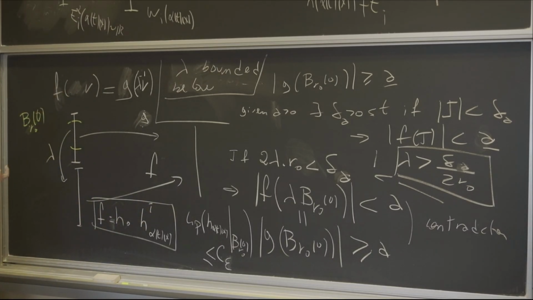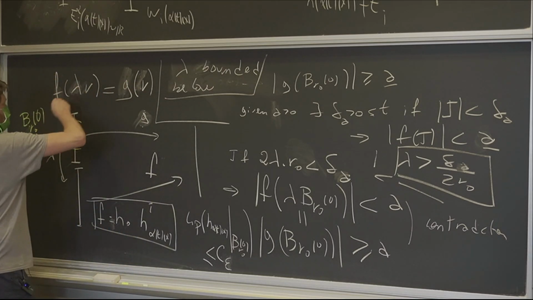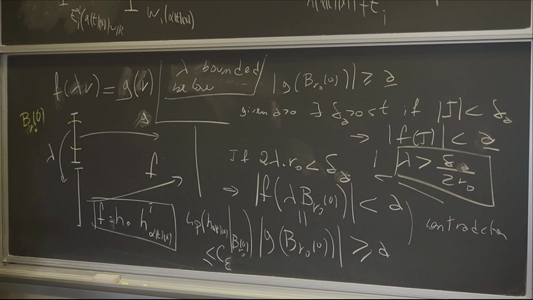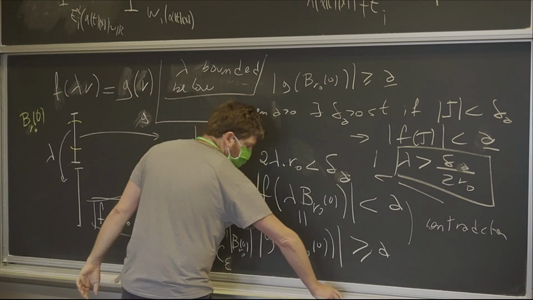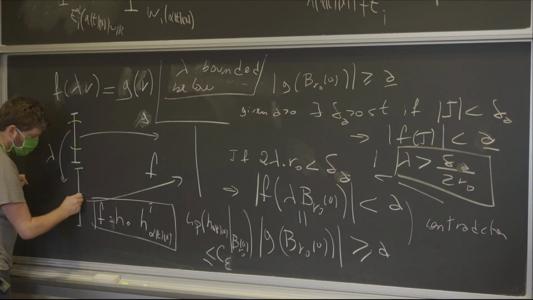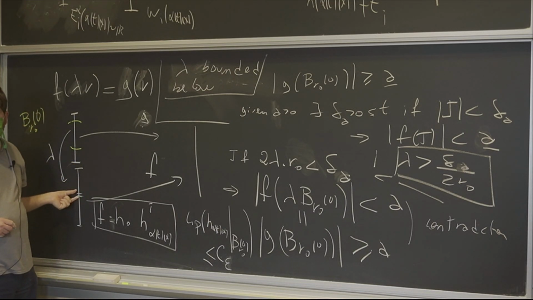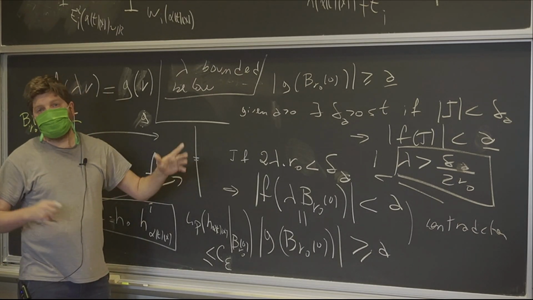Now, what would be a different way of bounding this lambda? Trying to do the same picture. The problem was that we have this interval and this became too small, lambda small. And then uniform continuity will tell us that this image will also be too small, and then you won.